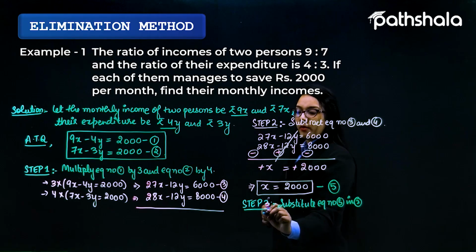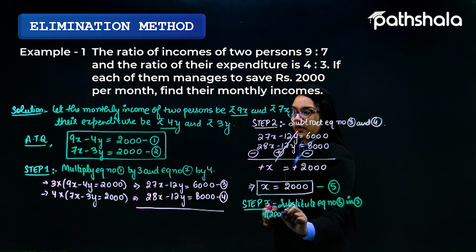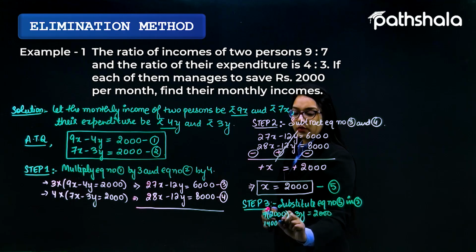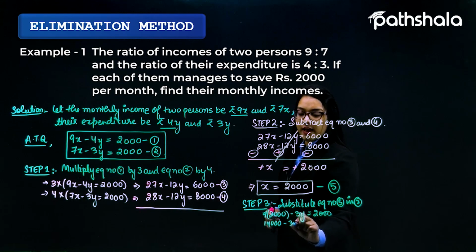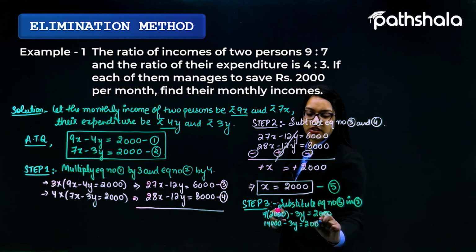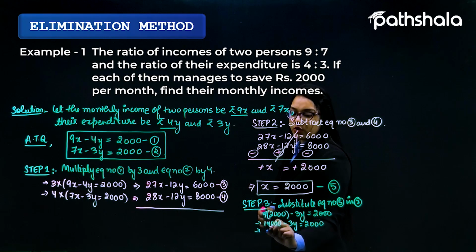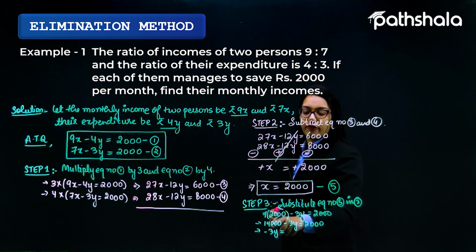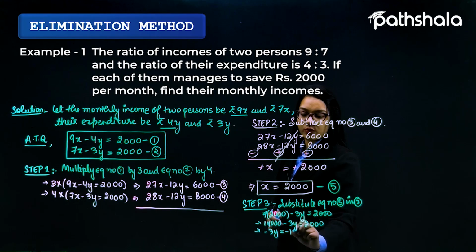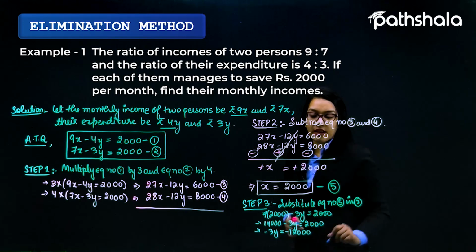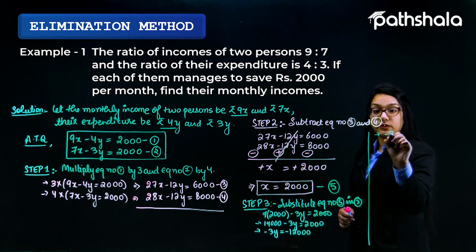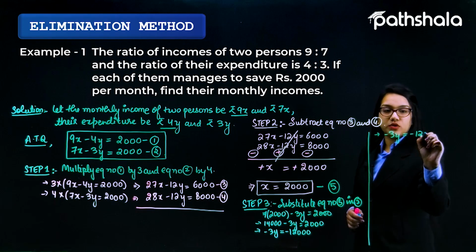So this would be of the form 7 into 2000 minus 3y, which is equal to 2000. Further the value is 14,000 minus 3y, which is equal to 2000. Let's take the values toward the other side. So it would be minus 3y, which is equal to 2000 minus 14,000, which is minus 12,000.